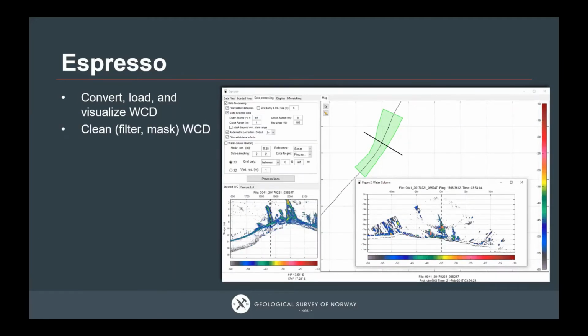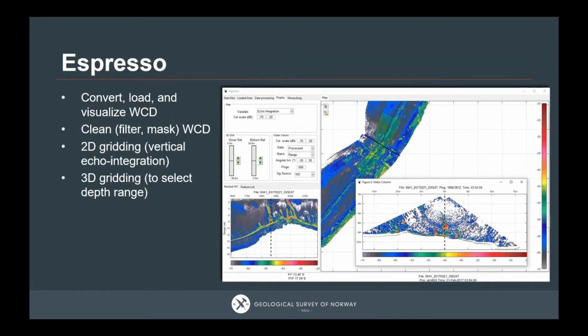Apply some filter or masking to the data that you're not really interested in. And then apply some gridding, vertically, what they call echo-integration, to allow you to show the hotspots on the map, just like what Peter was saying.